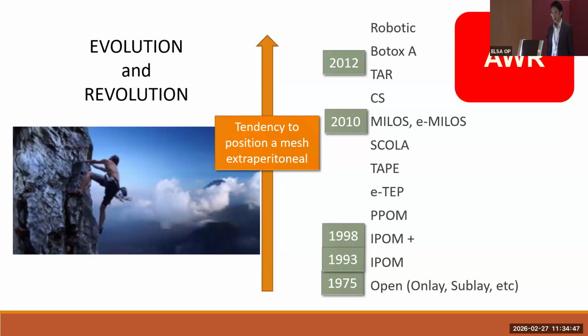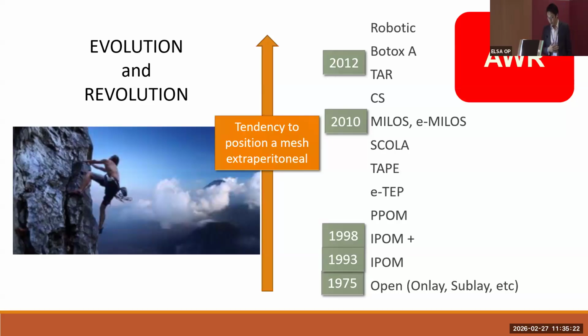Scola is a subcutaneous only dissection used quite commonly in South America and mainly for a lot of patients with rectus diastasis or very small umbilical hernia. Milos is described by a German surgeon, and he has done thousands of cases with fairly decent results. So a trans-hernia approach, basically dissect into the hernia sac itself, get into the preperitoneal or retrorectus plane, and then perform the surgery either through a small open surgery or an endoscopic surgery.